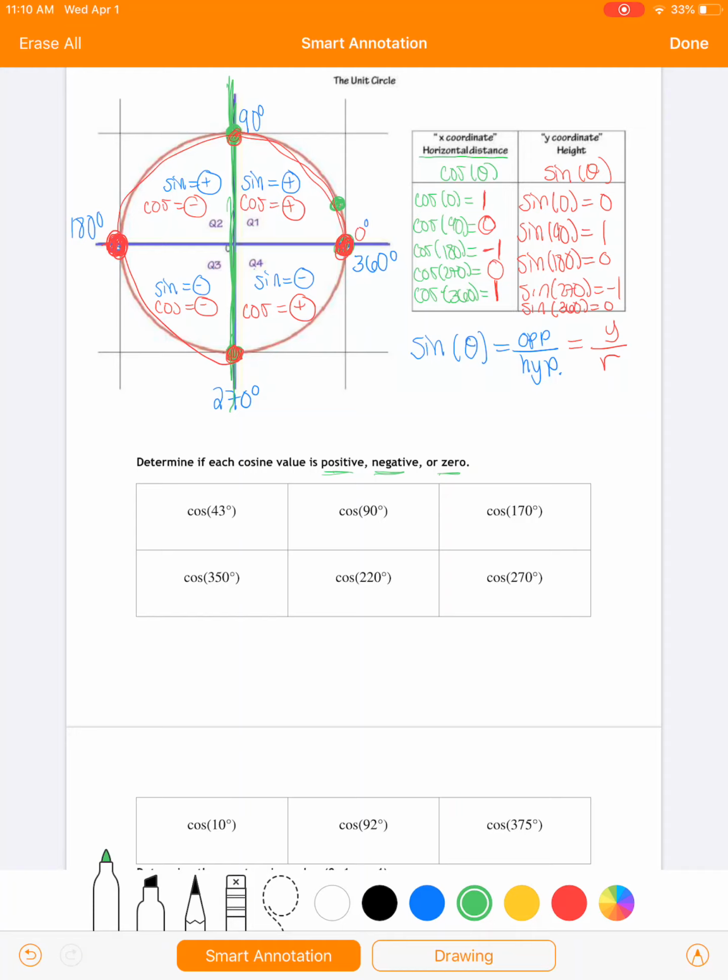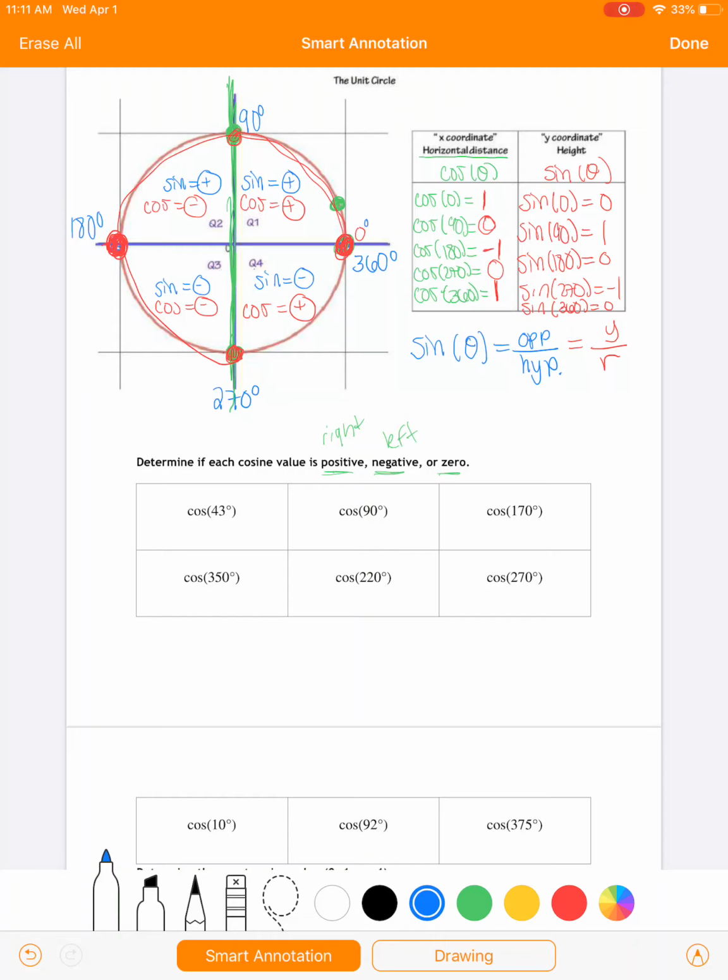So take a second, pause the video, copy down the 6 problems, and based on what we've talked about, think: if cosine is positive, that means that once you've done the degree rotation, you are on the right side. Cosine would be negative if after you did your degree rotation, you're on the left side. Cosine would be 0 if after you did your rotation, you're on the y-axis, in the middle. So pause it, copy down the 6 problems, and give it a shot, and then I'll share the answers.